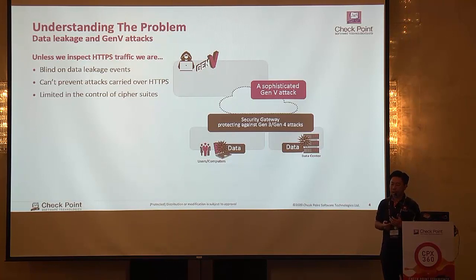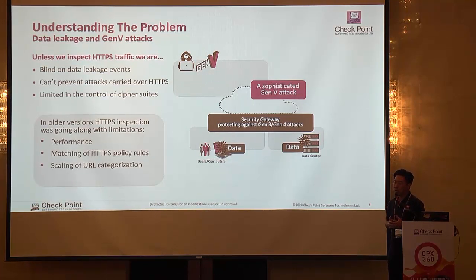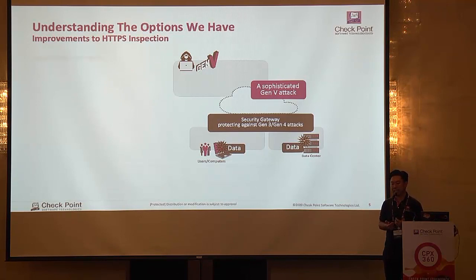In the older version, like R77.40, we had some limitations, like performance and the way we match the URL category so that we can enforce controls like threat prevention, access control, application, and URL filtering. But we did a lot of enhancement since R80.10.